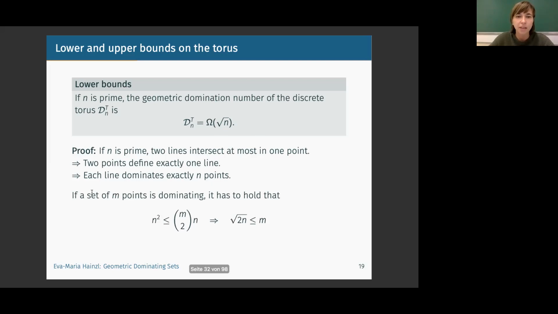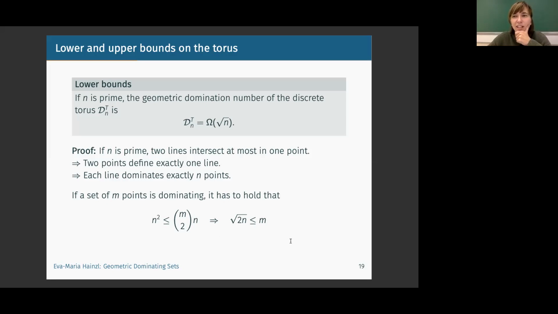So if we have a set of m points, there's at most m choose 2 distinct lines, and each dominates n points. So this is an upper bound on the points that are dominated by this set. And if it's a dominating set, then this number has to be larger than or equal to n squared. Now, if you divide by n and do the math, you find that m has to be larger or equal to square root 2n, right?